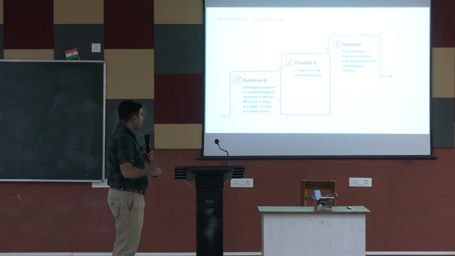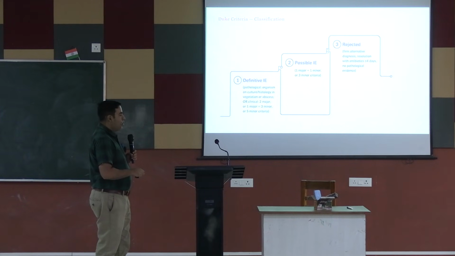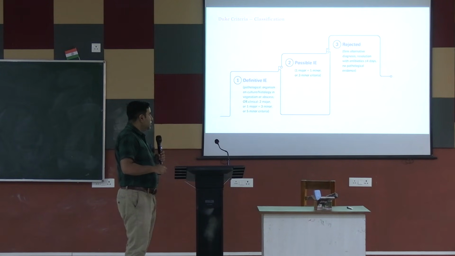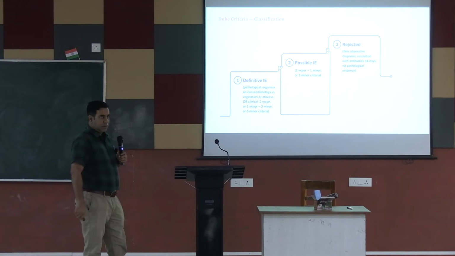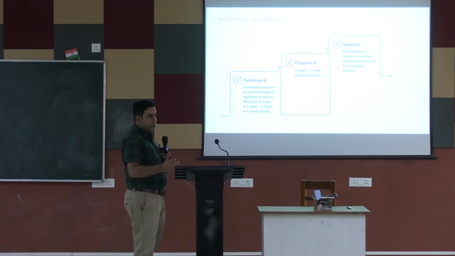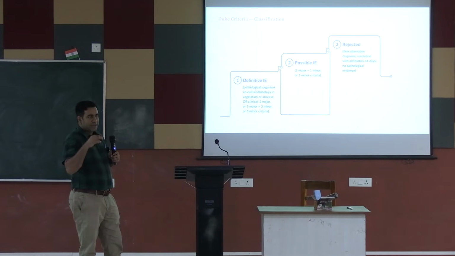Possible endocarditis: 1 major plus 1 minor. Out of 5, if only 3 minor are positive, then it is possible. We can reject when we get an alternative diagnosis, anything other than this, or resolution with antibiotics in less than 4 days. We are suspecting infective endocarditis in a case of prolonged fever, suspecting a vegetation on the heart.